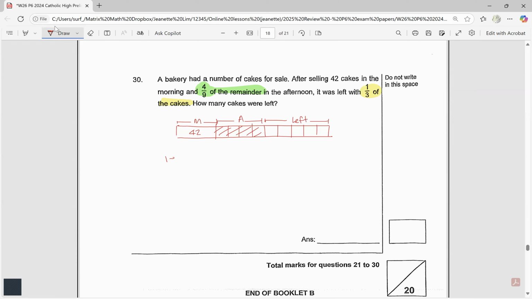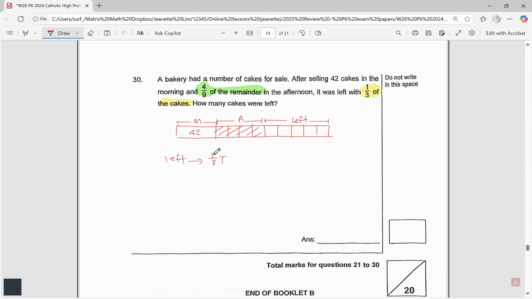Now, the amount left, according to the fraction, is actually 1/3 of the total. 1/3 means 1 unit out of 3 units, right? So according to the fraction, you have 1 unit left. But according to the model, the amount left is 5 units.